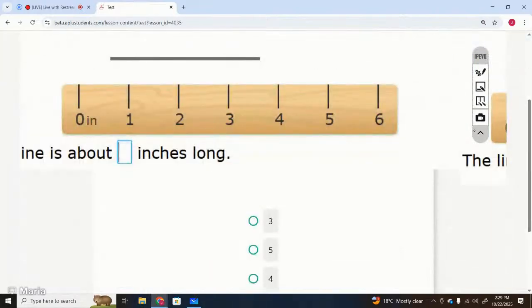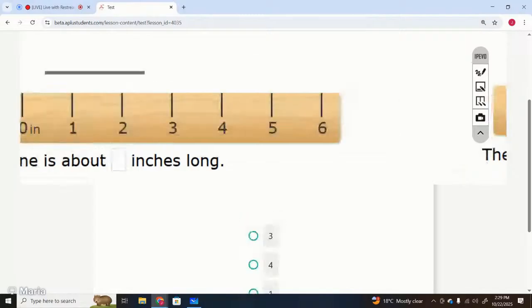Place the left end of the line at the ruler's zero and measure to the right end. That is 3 inches. Option number 1 is the correct option.